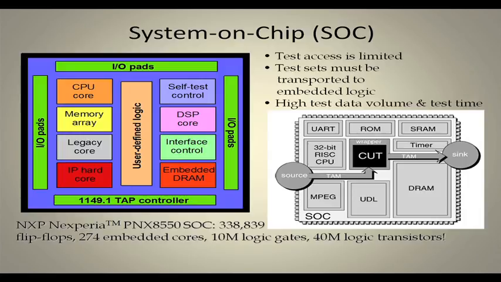Before applying the coded patterns to the core for testing, we have to decode them and get back the original pattern set. So test time and test data volume are going to be important factors.